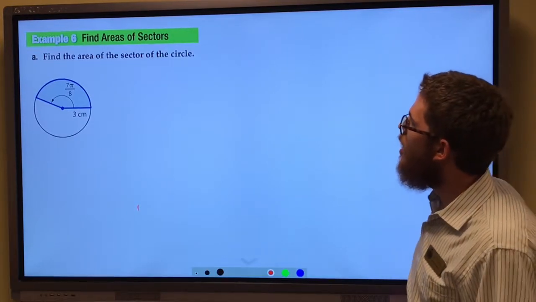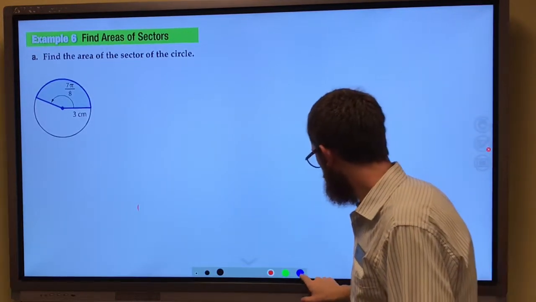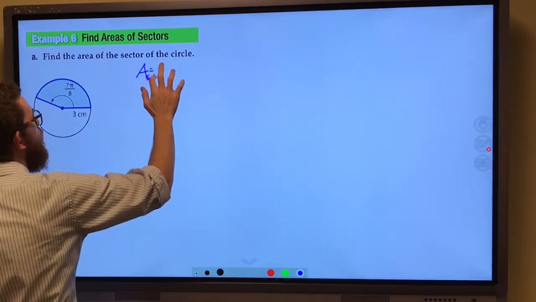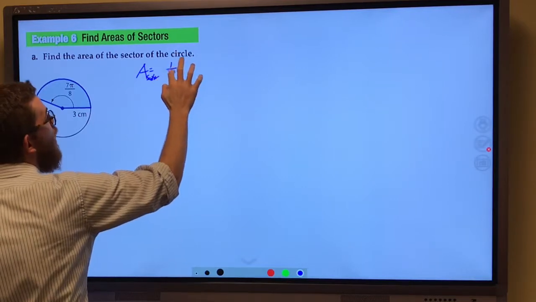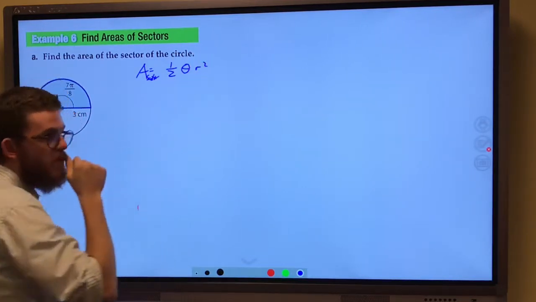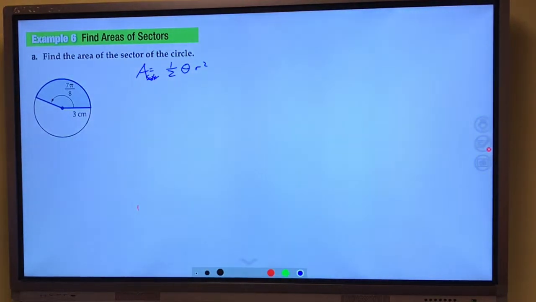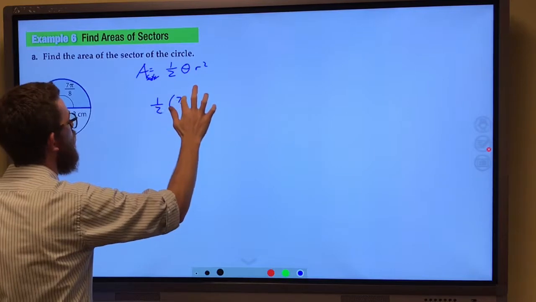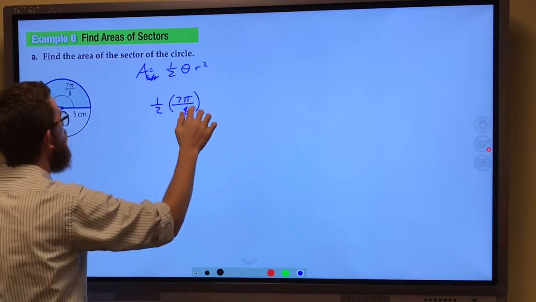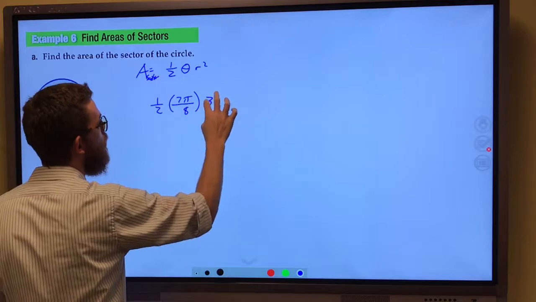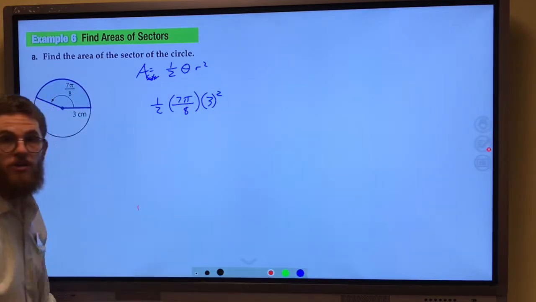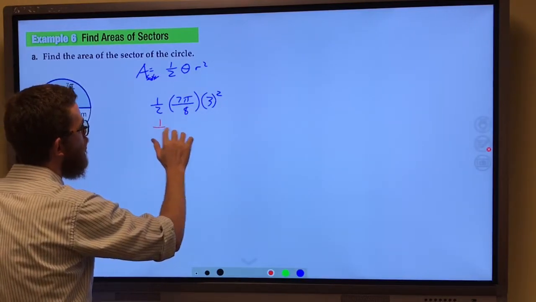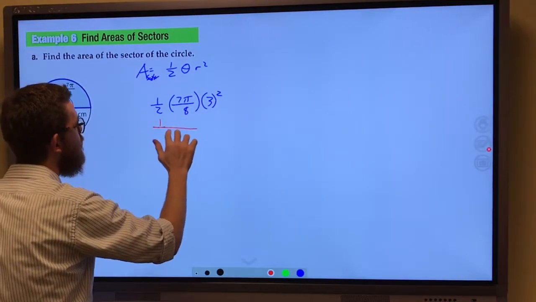So we want to find the area of the sector of this circle right here. Well, we now have the area of our sector formula, which is 1/2 theta r squared. So if we use our central angle measure for theta, 7 pi over 8, and we plug in our radius, which is 3, and we start simplifying, in our denominator we have a 16.